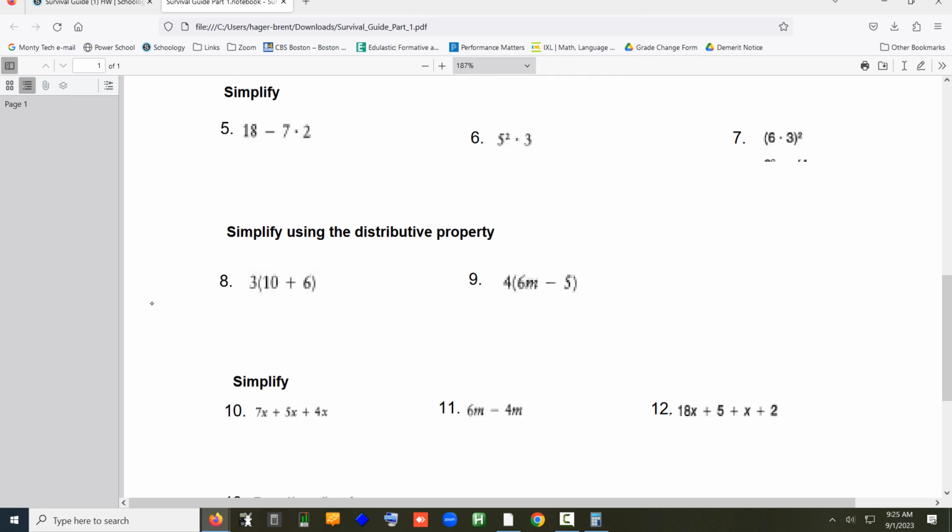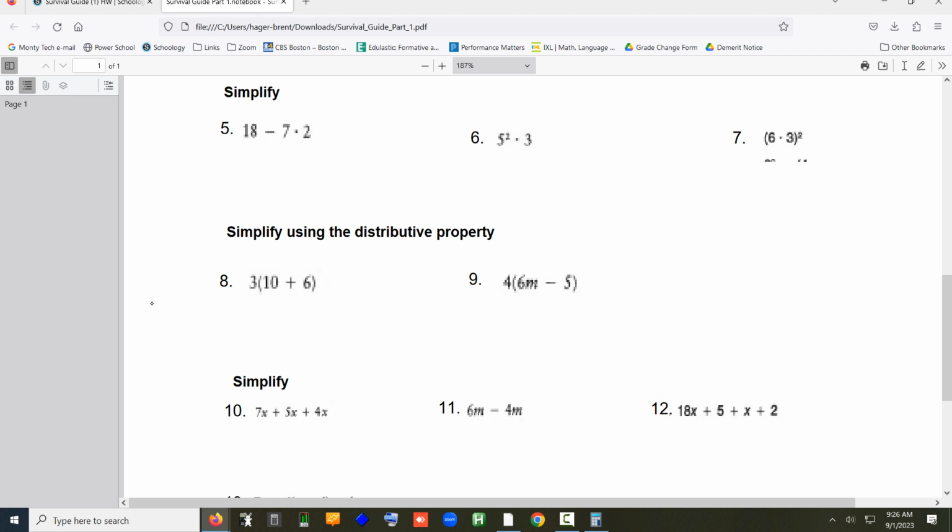And number 8, simplify with distributive property. Anyone think they got that one? 48, because 16 times 3 is 48, yep. Or if you did distributive property, it's 30 plus 18, 48, yep.